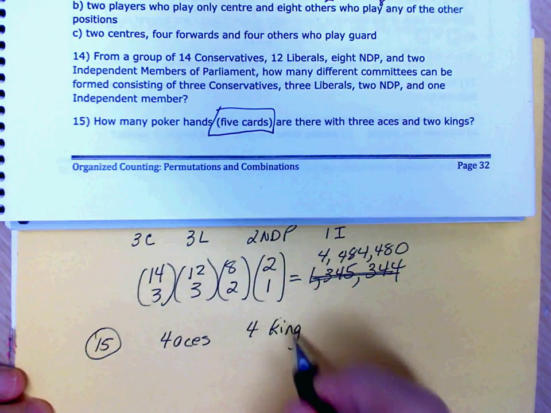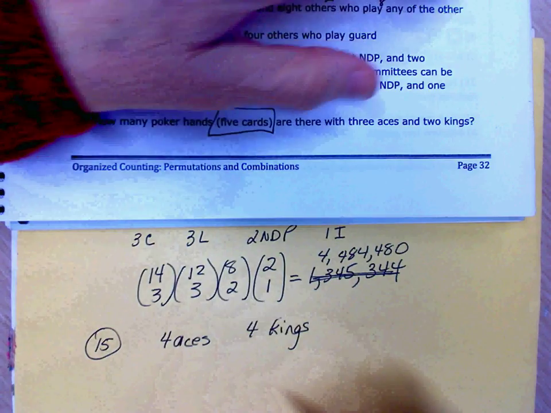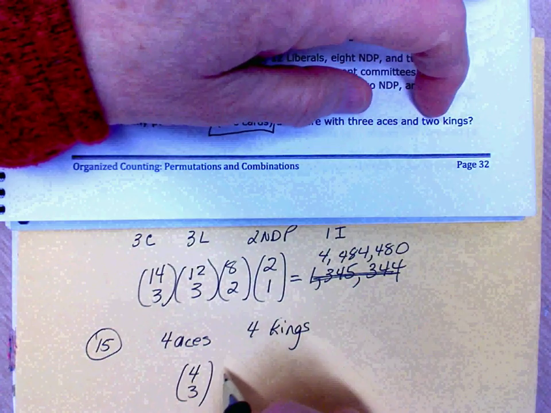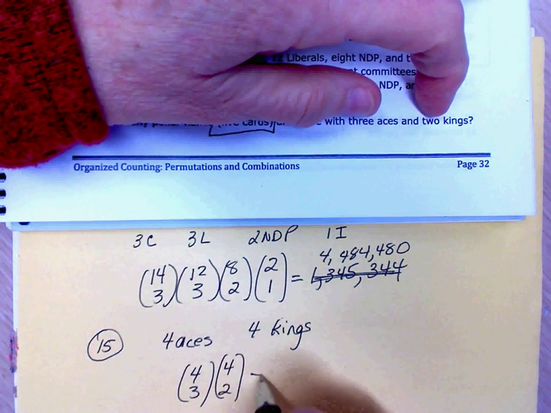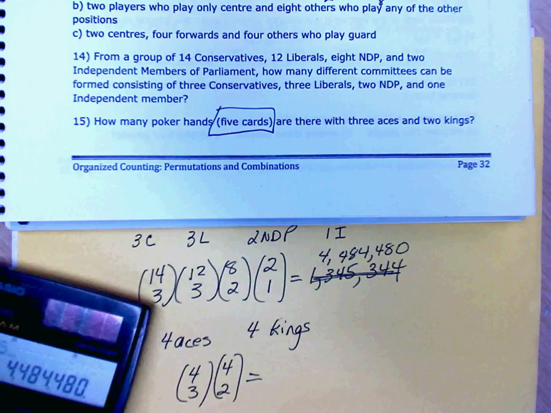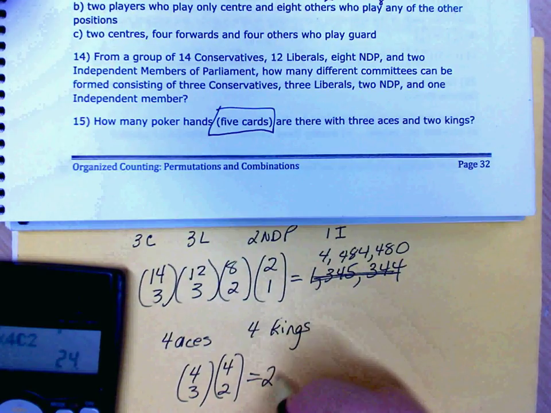So that means we need 3 aces, so 4 choose 3, and 4 choose 2. That's a really good hand. Any poker player would die for that hand, I would think. So 4C3 times 4C2, and I get 24 ways that can happen.